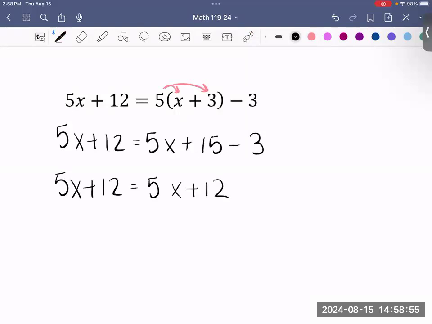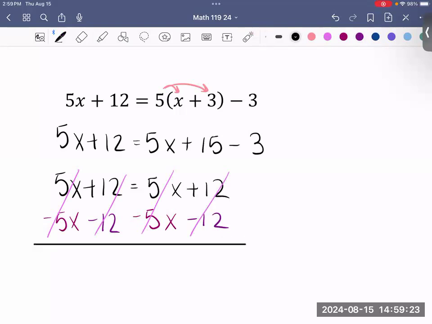Now you'll notice here that you have the same exact values that you do on one side. So even if you were to subtract this 5x to the other side, and maybe you decided to subtract your 12 to the other side, you'll end up canceling everything out.